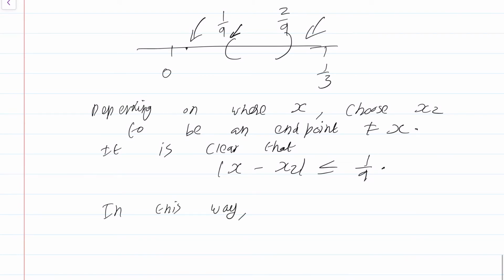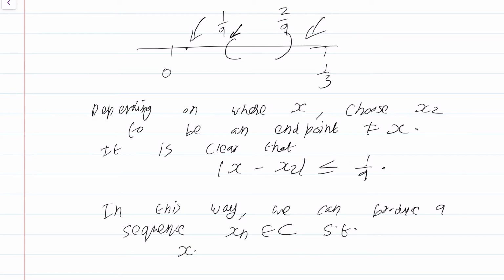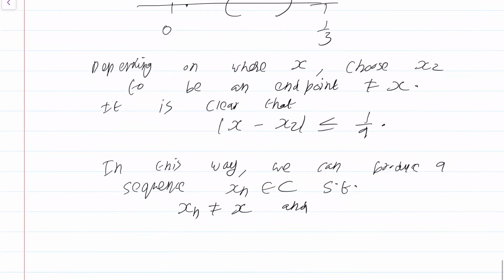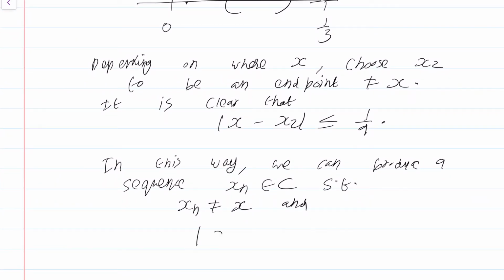In this way, we can produce a sequence xn in C, and they're all endpoints, such that xn is never equal to x and mod x minus xn is less than or equal to 1 by 3 power n.